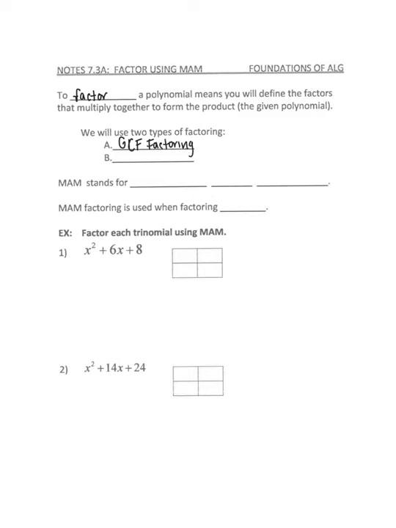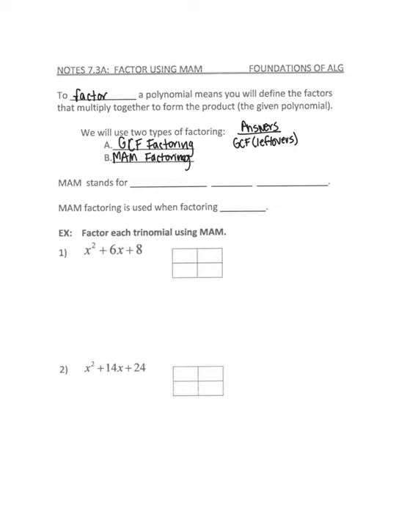And in that case, our answer looked like a greatest common factor on the outside, and then we put our leftovers back on the inside. Our next type of factoring is called MAM factoring. And the results of MAM factoring are going to be two binomials multiplied together.